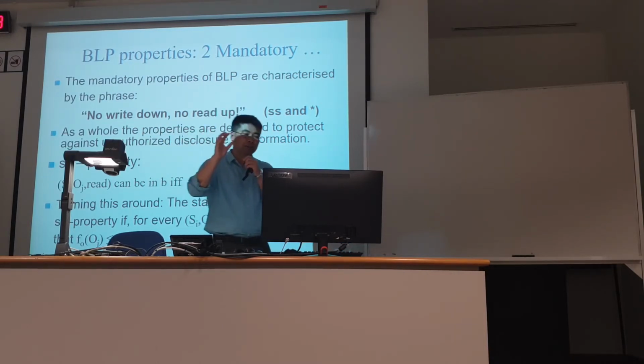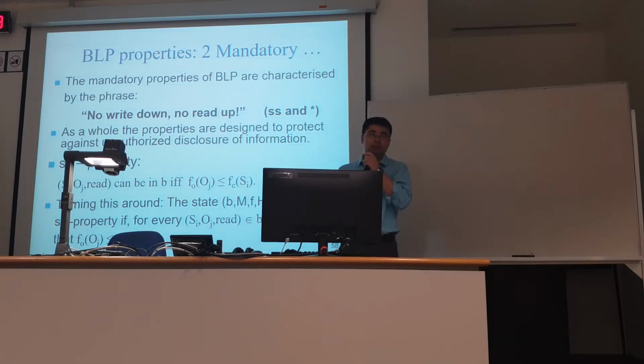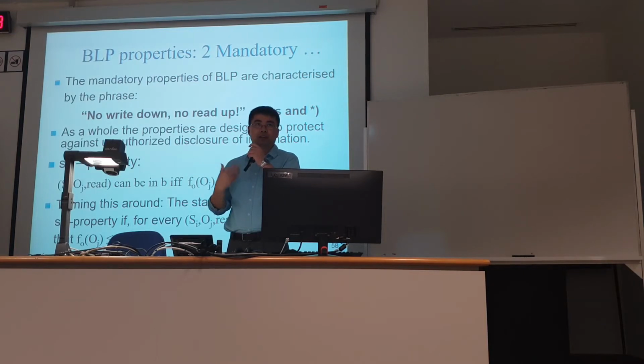However, if we allow this top secret level officer to write to a lower level document, say an unclassified document, then there is a path that the information can flow from high level to low level. Because information can be first read by the officer, and the officer may mistakenly write something into the low-level file. So we have a path from the high-level file to the low-level file. That's why we need to enforce this no write down.